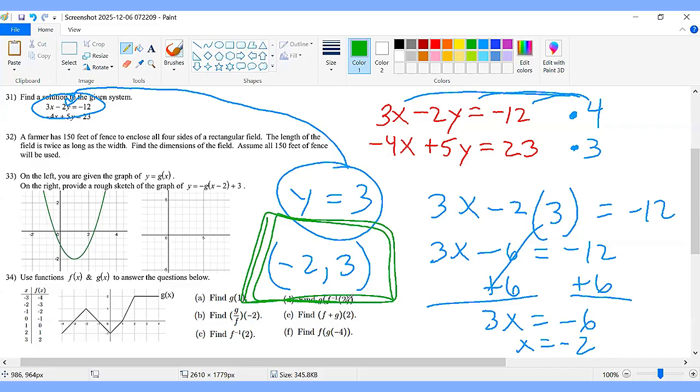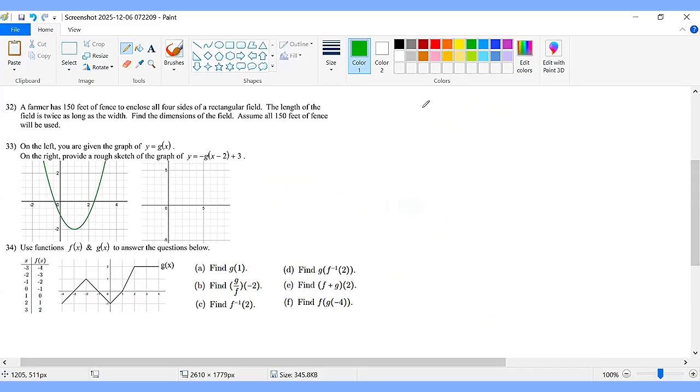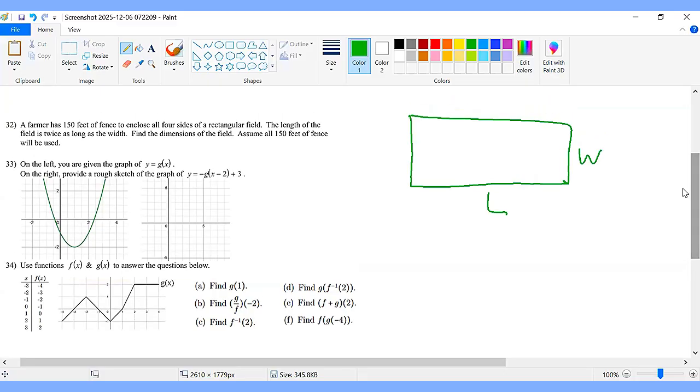Now, for 32, let us model this situation. We have a rectangle, and let's suppose that we have a length and a width. We know that we went to the store and purchased 150 feet of fence, and let's assume we want to use all of it. So you're going to need 2 lengths plus 2 widths, and that'll produce 150 feet of fence because we're going to use all the material.